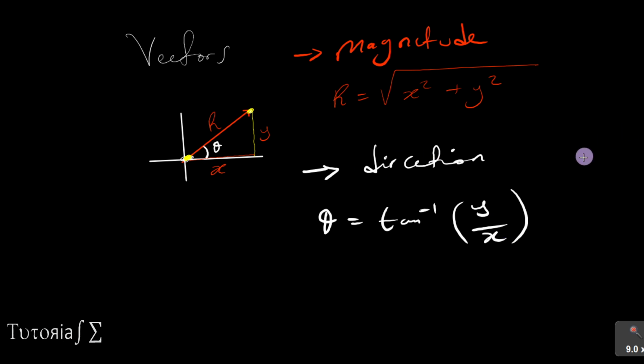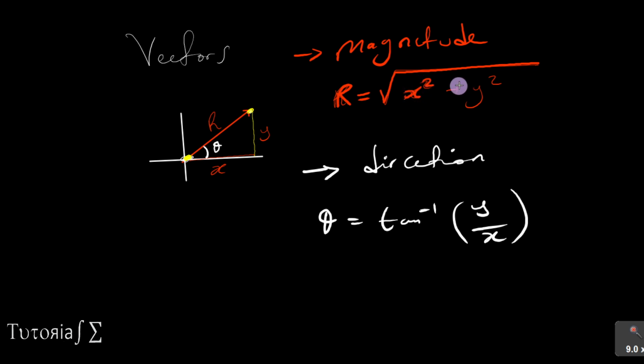Once you evaluate that, that will be your direction. Magnitude is given by r. These are terms you should get used to: magnitude, resultant, resultant vector.